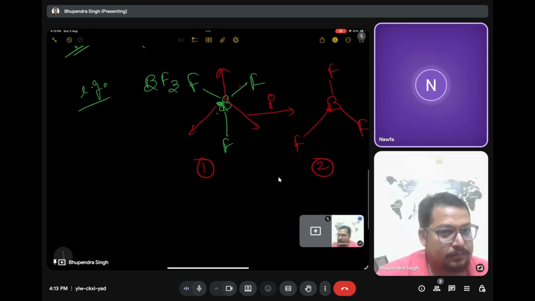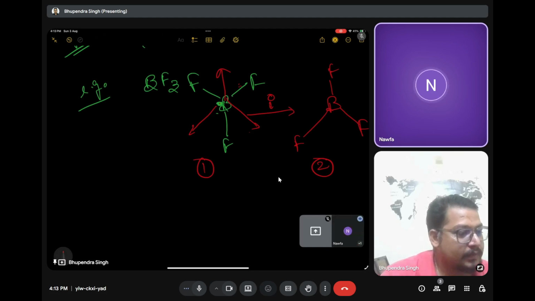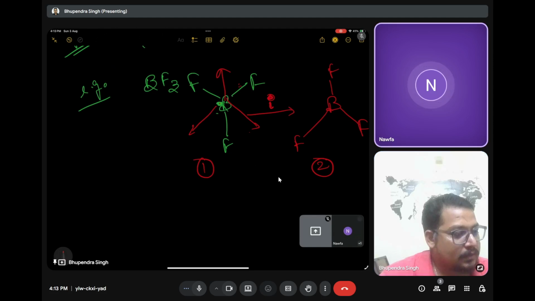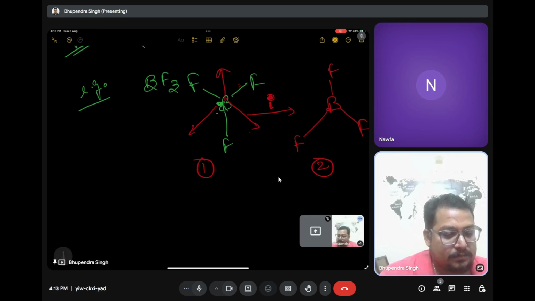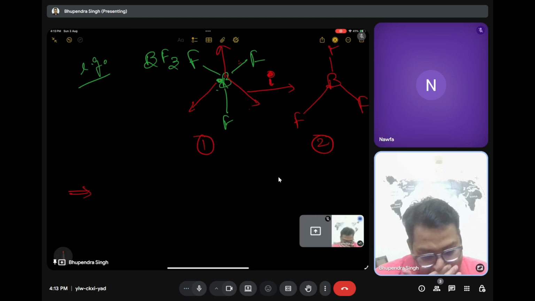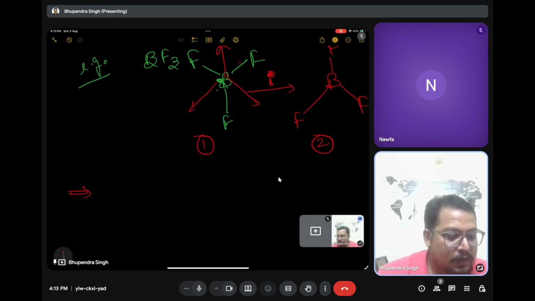They are not actually. No, they are not, because after applying the inversion, they don't look the same. That was the first rule of symmetry and group theory: if you want to find any rotational axis or any operation, you have to get the equivalent structure.